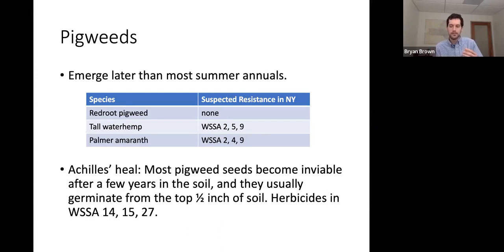They're just exposed to a little bit, and maybe they'll survive it. And the ones that aren't able to survive die. So that shifts the population towards those that can resist herbicides by exposing them to these sublethal doses. And so that's part of the reason why we have more resistance issues in these pigweeds.